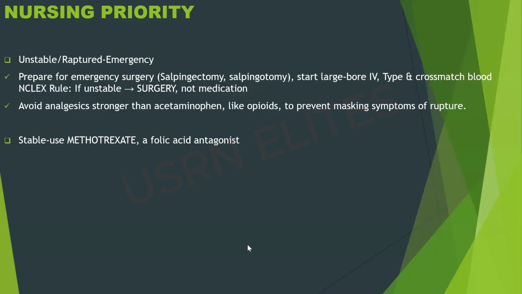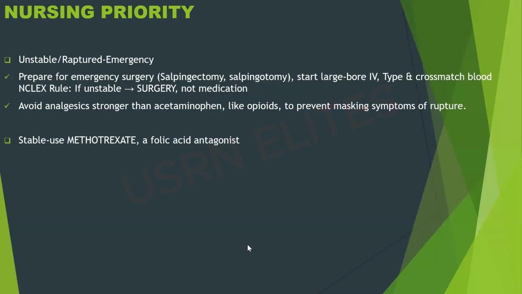Okay. If the patient is stable, it means there's no rupture. Once the patient is stable, it means that there's no rupture. What are you going to do? We are not going to do surgery now. Supposing that we are not going to do a surgery now, how do we do away with the fetus?